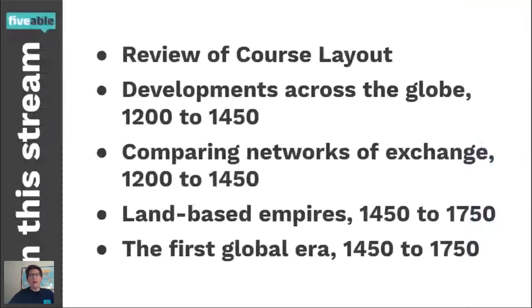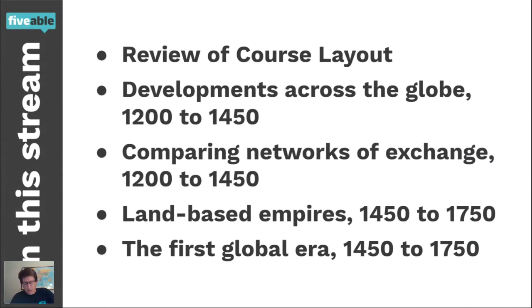Well, we're going to review the course layout a bit, and actually that's what the rest of these bullet points are. We are thinking about the years 1200 to 1750. Perhaps in your classes, you looked at the world before 1200 as background context, and certainly there are some things in this first unit that stretch before the year 1200, but we're going to really focus on these key concepts. The units are laid out into 4 categories.